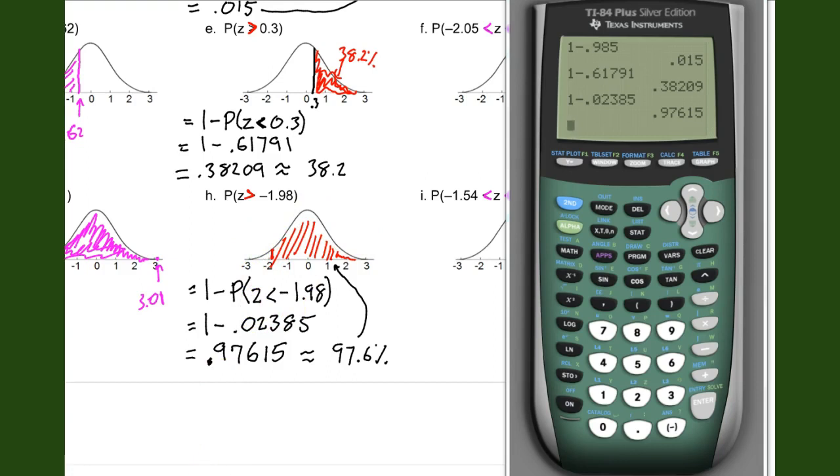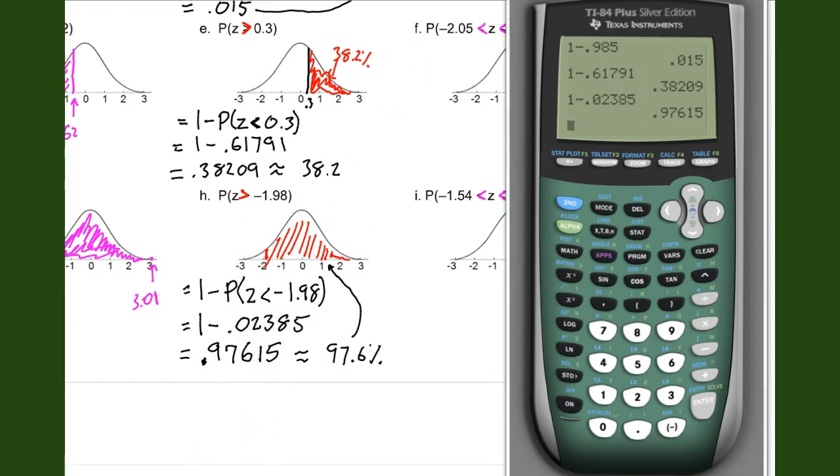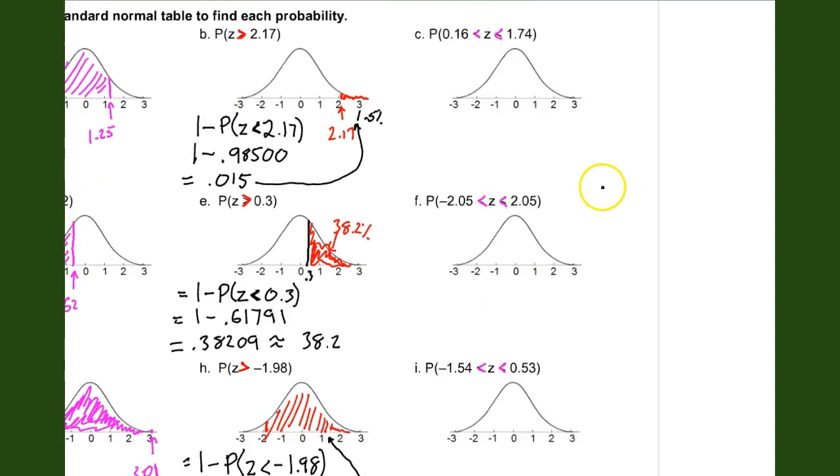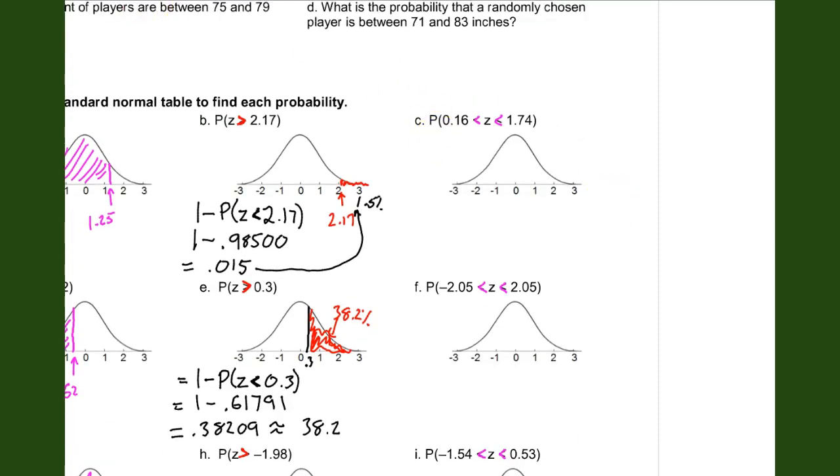All right, our last type of problem here is the between. So we want to find between two numbers. So just recall from prior sections in this class that this means between. Even though it says less than z, less than, that just means between.